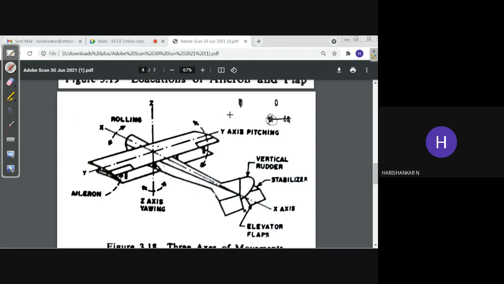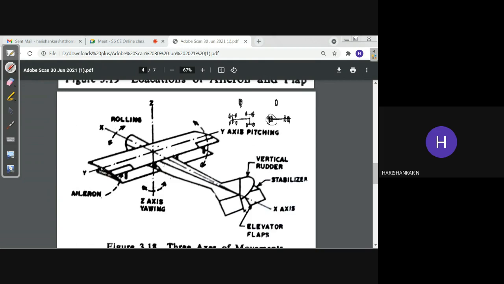Here you can provide the axle, and in that axle you can have a part like this, and here you can provide two wheels just like this. In the same way here also. I hope it's clear for you.